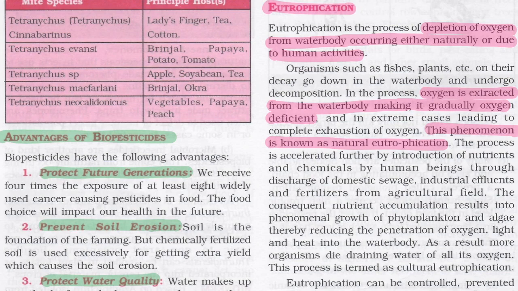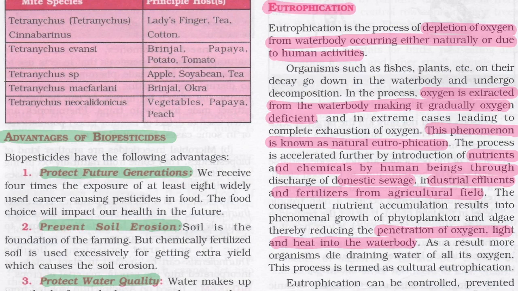The process gets accelerated further by the introduction of nutrients and chemicals by human beings through the discharge of domestic sewage, industrial effluents and fertilizers from agriculture fields. As there is a consequent nutrient growth in phytoplankton and algae, it reduces the penetration of oxygen, light and heat into the water body.